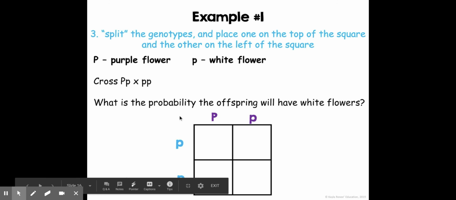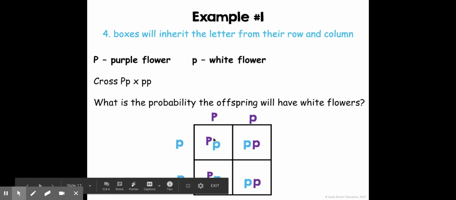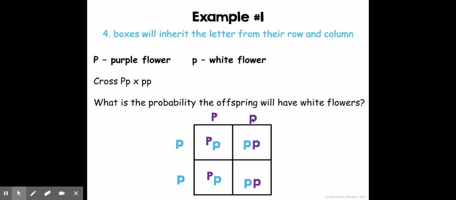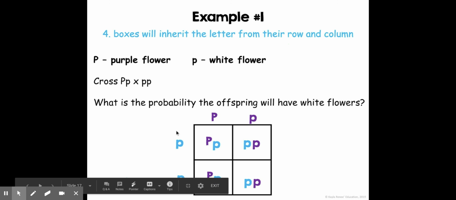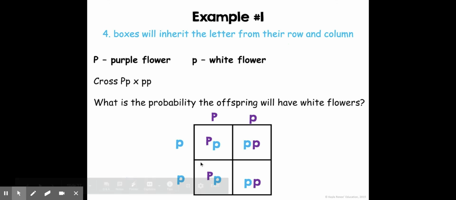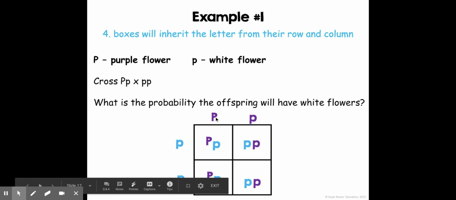The next thing you're going to do is write in the boxes what the offspring can potentially inherit. So because we have a capital P and a lowercase p for our heterozygous pair and 2 lowercase p's for our homozygous pair, we're going to go ahead and cross.